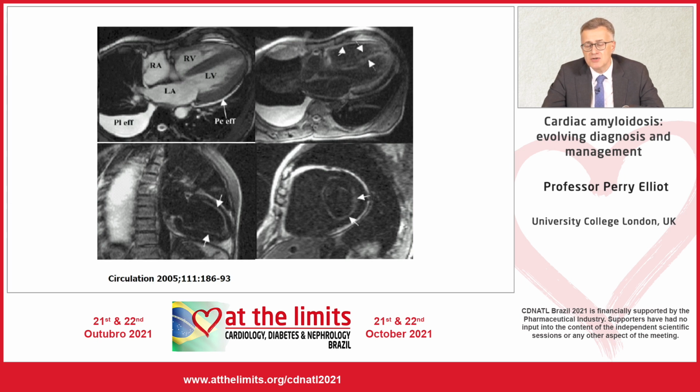But the major thing that MRI brings to the table is its ability to show this dramatic expansion of the extracellular space, where one sees often diffuse hyperenhancement with gadolinium contrast agents, and often patterns such as this with this characteristic subendocardial distribution.